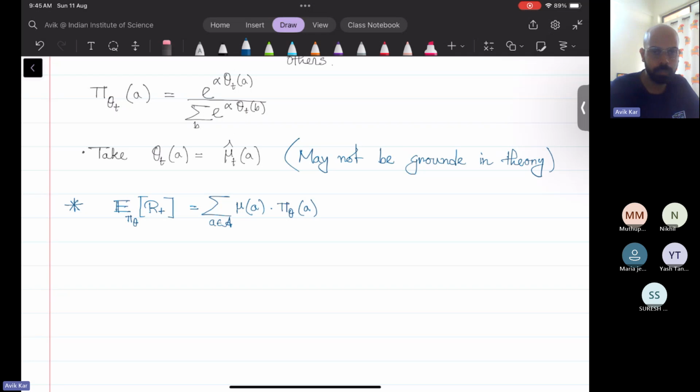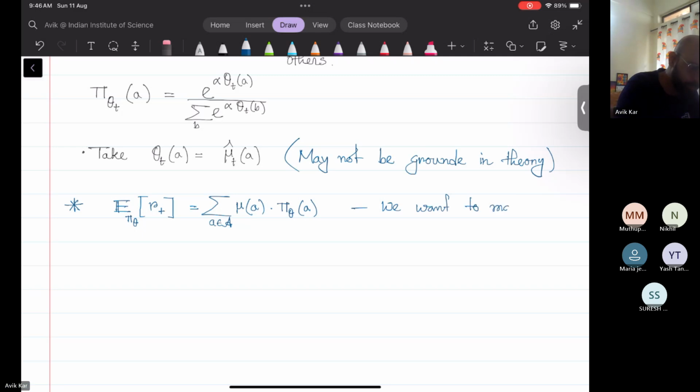That is our expected reward at time t. I think we are denoting it by small r. This expectation is based on the policy pi theta, and pi theta is directly controlled by the parameter theta. So this is our objective. We want to maximize this.